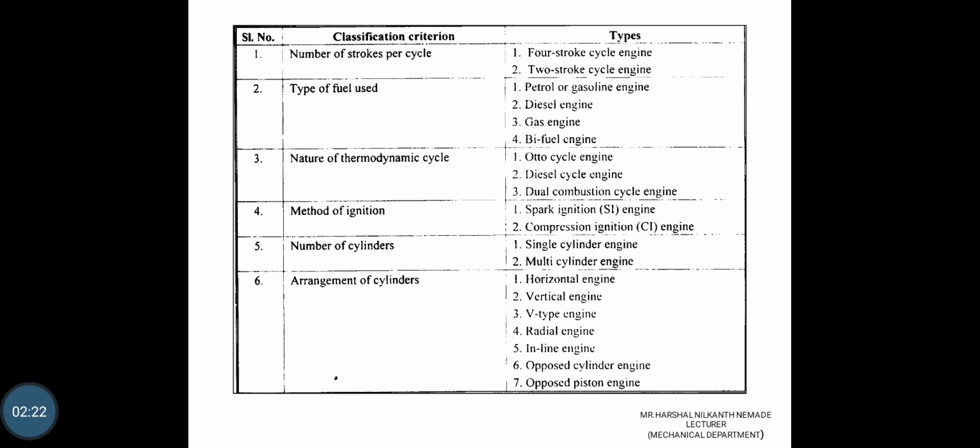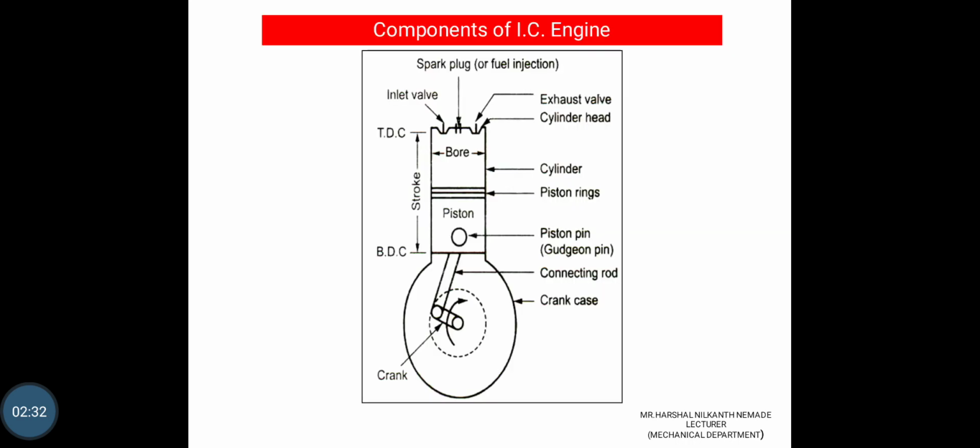Components of IC engine. You may see the components: crank, crankshaft, connecting rod, piston ring, gudgeon pin, cylinder, exhaust valve, inlet valve, cylinder head. In a petrol engine there is a spark plug. In a diesel engine there will be a fuel injector.